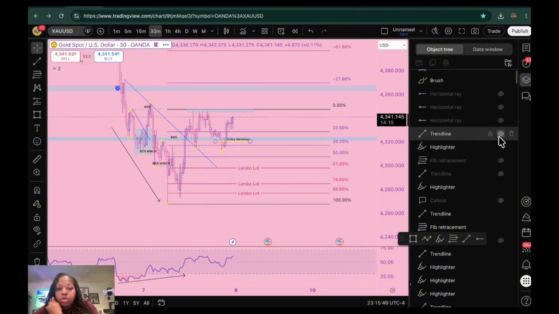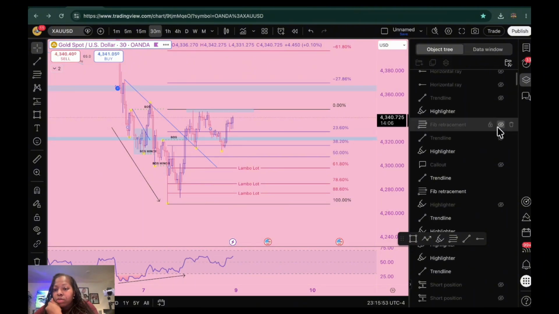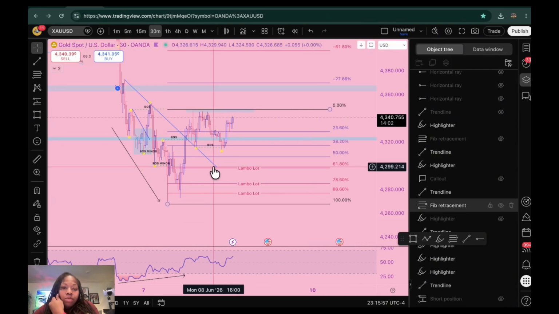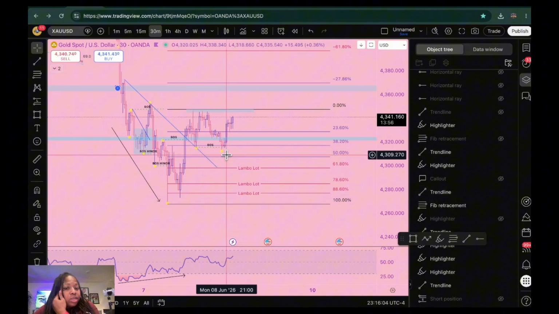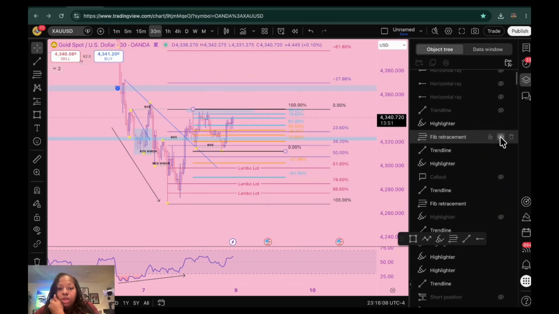Let's see. Some entry variation. Trend line right there. So even though it's a wick, we still broke structure. So I'm waiting to see if we're going to, I think I had another fib on here. Yeah.